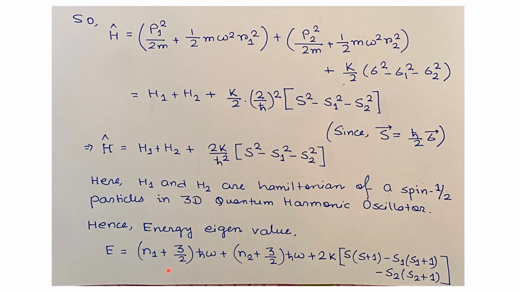The first two terms in this energy eigenvalue are the energy for the three-dimensional quantum harmonic oscillator. Here N1 consists of three quantum numbers, nx plus ny plus nz. So we denote nx1 plus ny1 plus nz1 for the first particle as N1, and similarly for the second particle, N2.